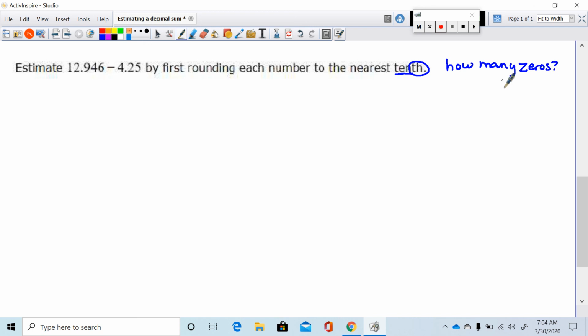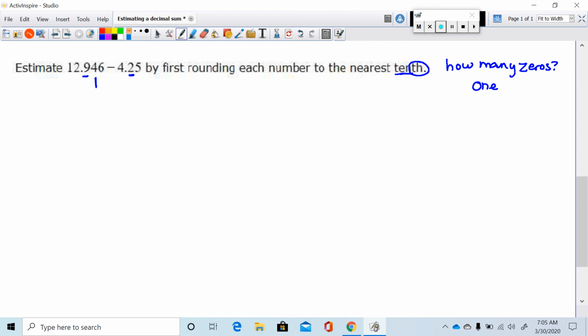Well, a 10 has 1 zero. So that means you're going to go one number after the decimal. If it were hundredths, 100 has 2 zeros, so you would go 2 numbers after the decimal. Thousandths would be 3 and so forth.